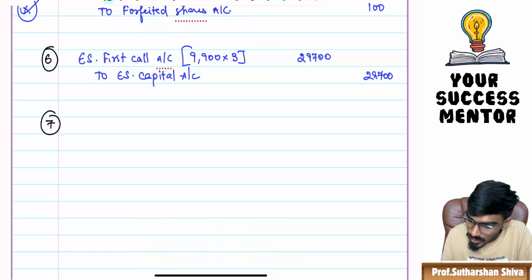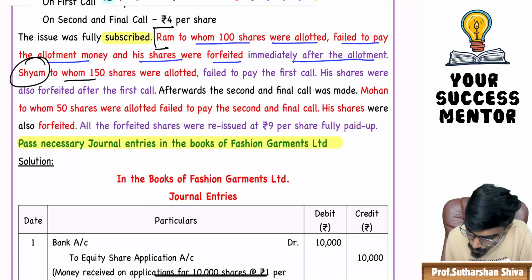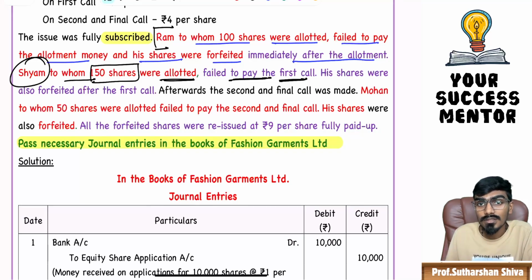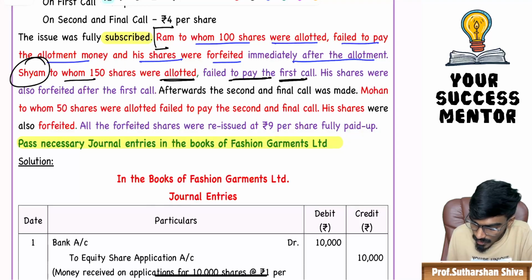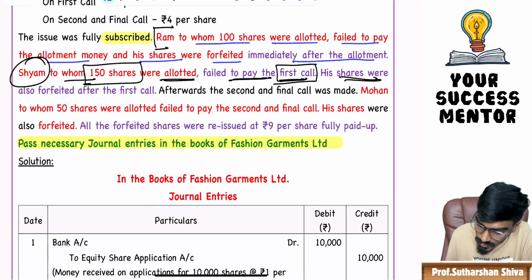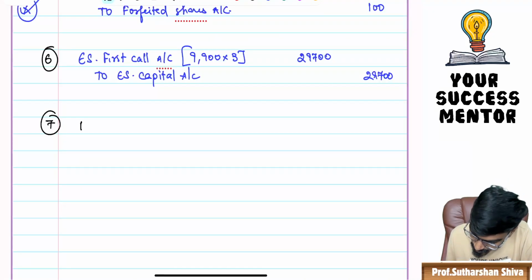Now come to the next part, actual receipt. What did they say in the question? Sham, to whom 150 shares were allotted, failed to pay the first call. If he failed to pay the first call, his shares were also forfeited after the first call. Then I need to write bank account, then I will write calls in arrears.